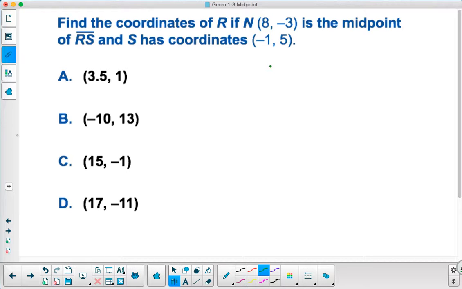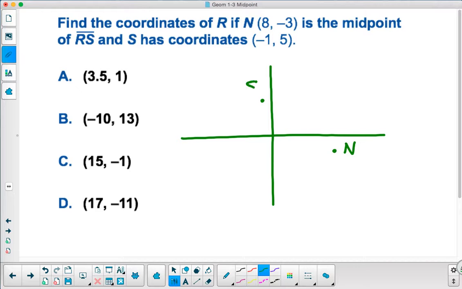On your marker board or some graph paper, it would be good to do this more accurately than my just sketching it. So let's see. N is 8, -3, which if I didn't make a mistake would be about there. S is -1, 5, so possibly about there.